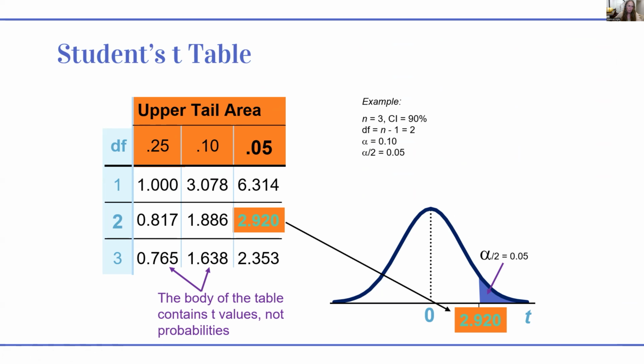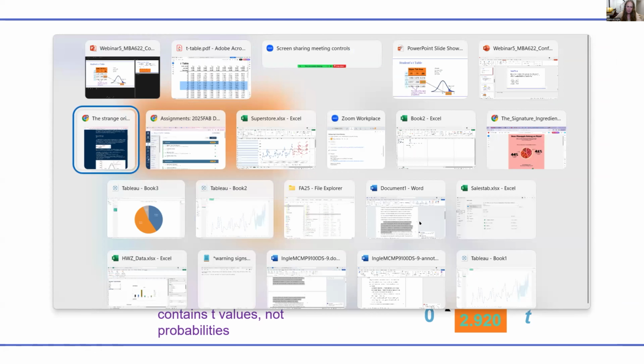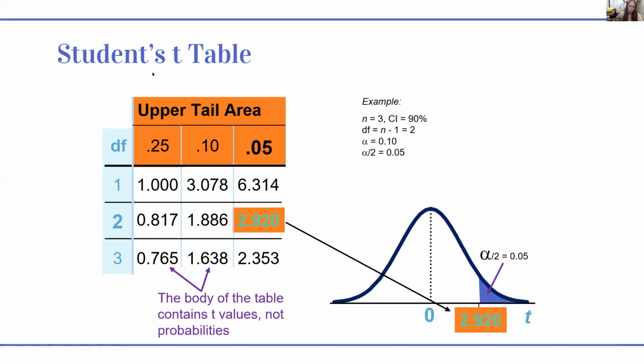And here I want to break and give you a little bit of history. Why is it called Student's t-table? What is happening in the first place? This whole concept of the normal distribution has been around a very long time.